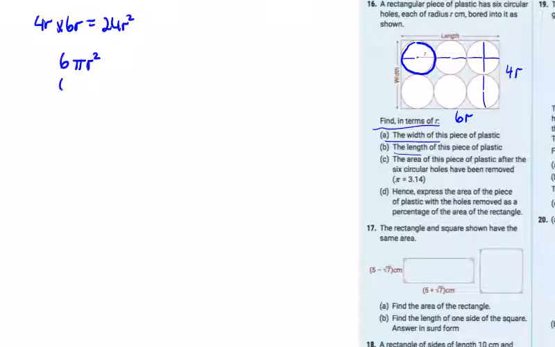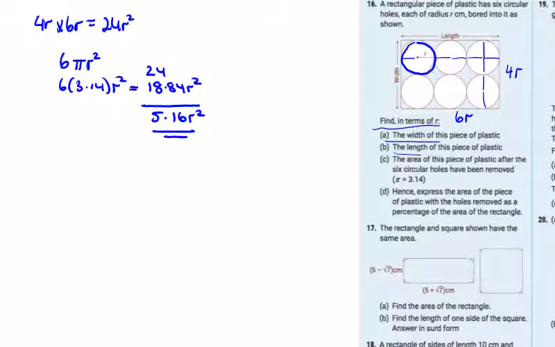And we know pi is a number, so we have 6 by 3.14 r squareds, which is 6 3s 18 and 6 14s is 84, so 18.84 r squared. So 24 minus your 18 is going to leave 5.16 r squared. So that's what will be left for part C.